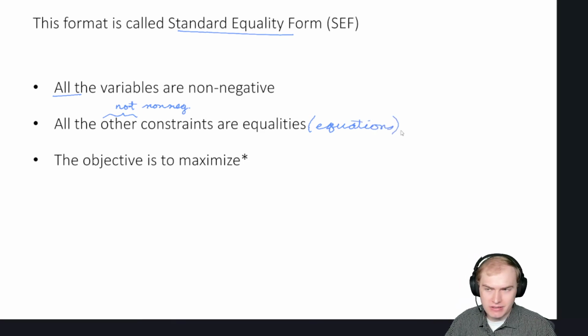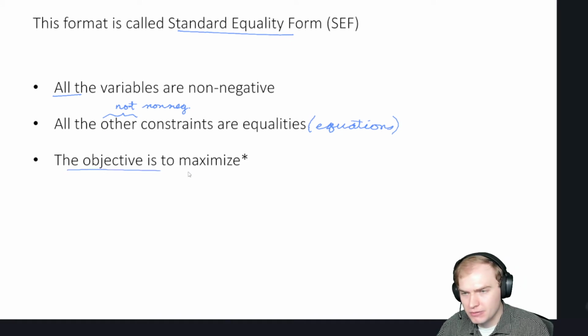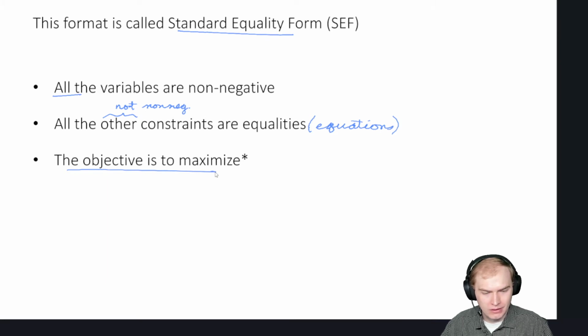And the book says that it should be a maximization problem. This aspect is not really important.